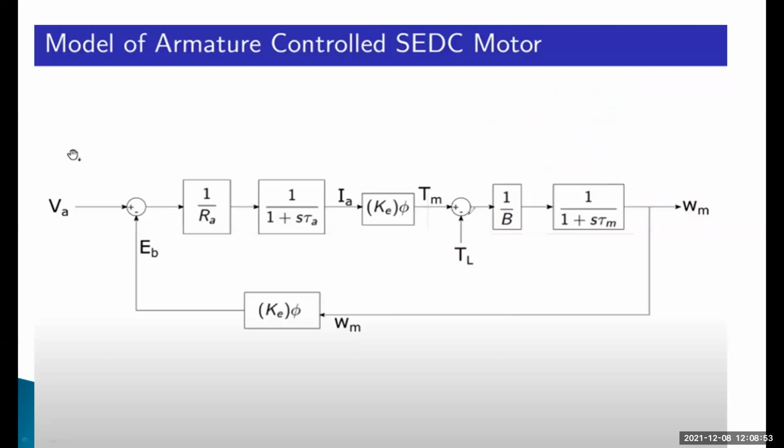And then finally, the back EMF, this is called back EMF feedback. Back EMF, Eb of s, is nothing but K into phi into omega m. Understood? Omega m we will get from here, and then Eb equals K into phi into omega m will be fed back to here. That is called feedback.